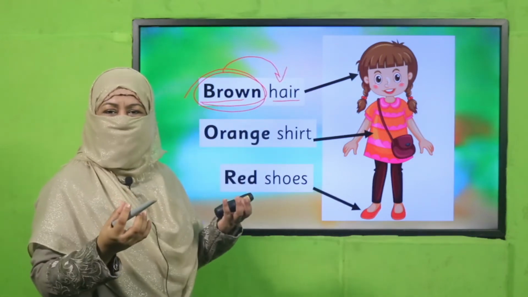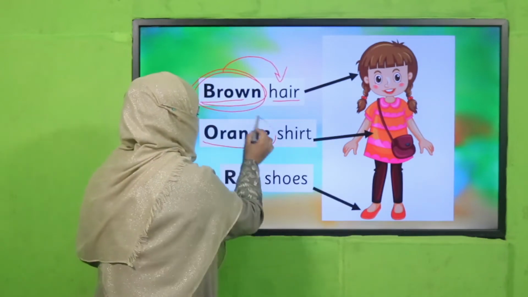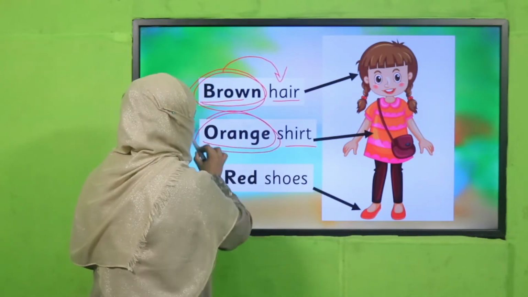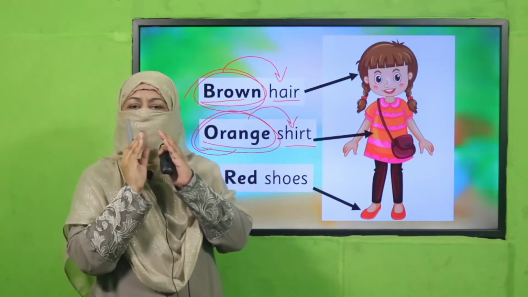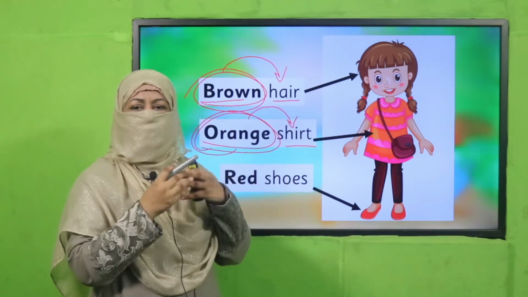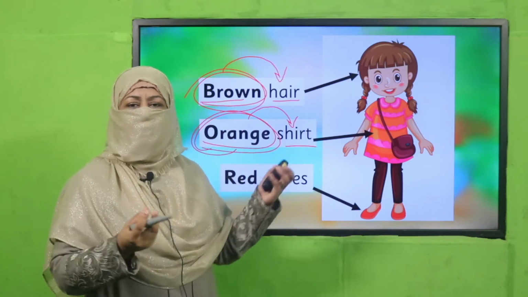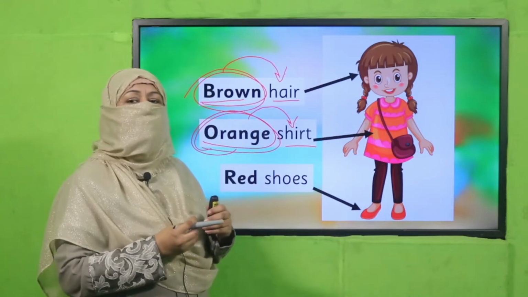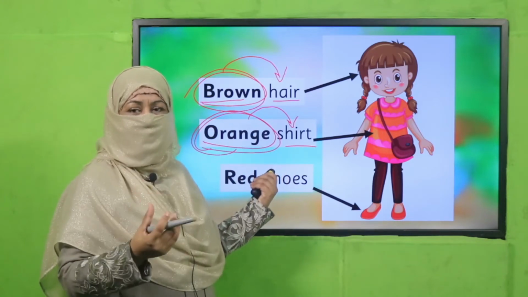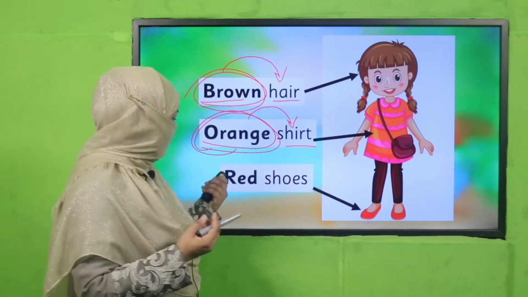This is how we use adjectives. Orange shirt. Now this is an adjective which is telling the color of this noun. So we use an adjective before a noun to tell what type of thing or object it is, or what are the qualities of this person. Like this, we use adjectives.